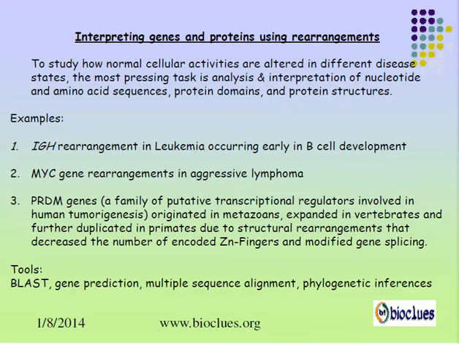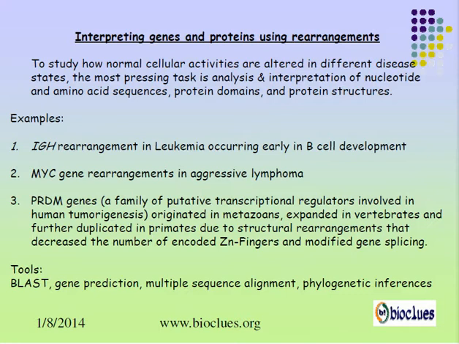The main role of gene rearrangement is to create diversity, and they could play a major role in evolutionary processes, mutations, and disorders. Here we have listed a couple of diseases where the gene rearrangement occurs.